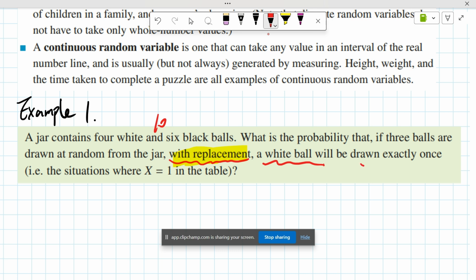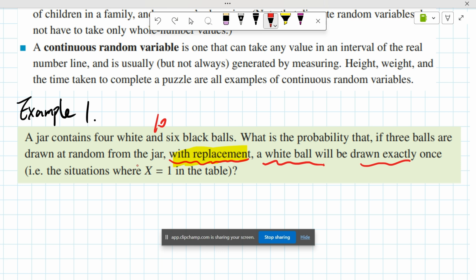We're going to find the probability that a white ball is drawn exactly once. Now we're gonna try to figure out this question. You pick 3 balls, and you have to have a white ball exactly once.